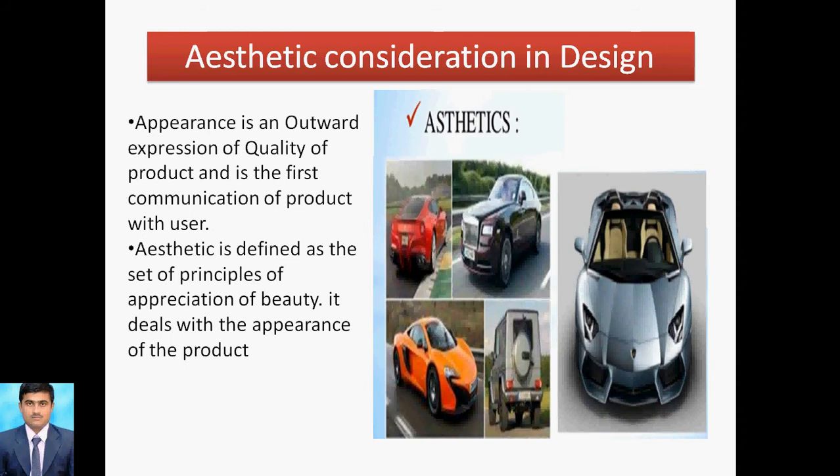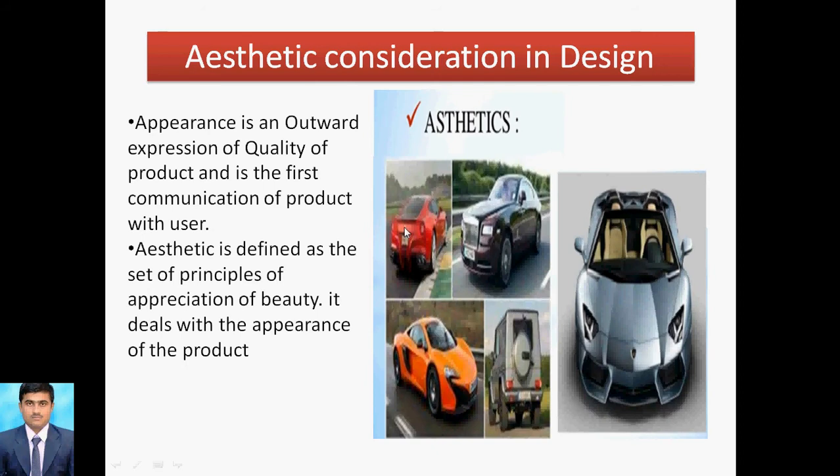As we know, aesthetics is an important point because it is nothing but the first communication of the product with the user. Appearance does not depend only on communication, it also expresses quality. This picture shows different colors of the car as well as different shapes available, and that's why it can attract.